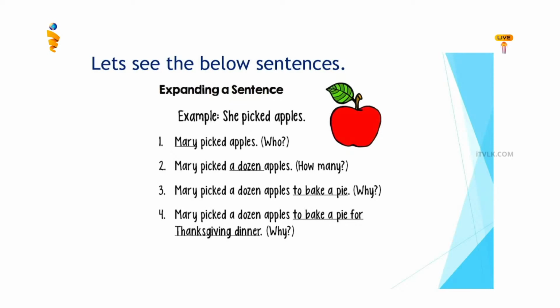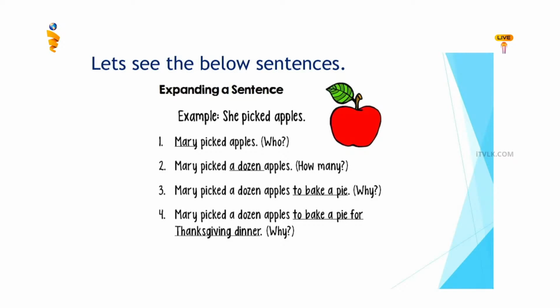Okay, let's see the example first. Mary picked a dozen apples. How many? A dozen. Mary picked a dozen apples to bake a pie. Why did Mary pick apples? To bake a pie. Mary picked a dozen apples to bake a pie for Thanksgiving dinner. Why did she pick?